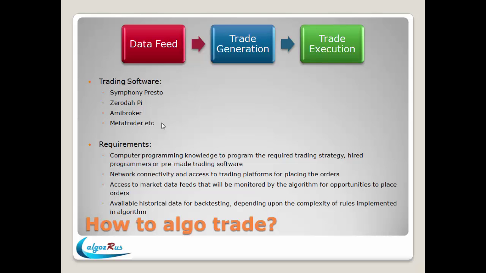You don't require a live market feed, but what you definitely need is historical data for backtesting, and I'll be sharing a few links from where you can download the historical database for backtesting your various strategies, be it Nifty, Bank Nifty, maybe a couple of commodities like crude or gold. Obviously we'll be getting into that later also.